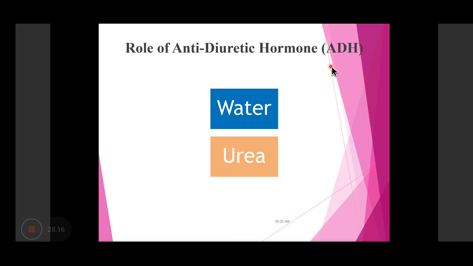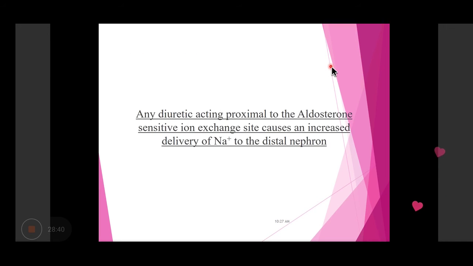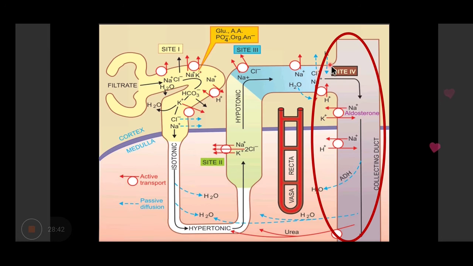Whenever the body senses hypovolemia, or that electrolytes or water are less in the body, ADH is secreted by the pituitary, and ADH acts on the collecting duct cells, where it inserts a channel known as aquaporin 2. So aquaporin 2 is inserted in the collecting duct. I'll just show you the diagram.